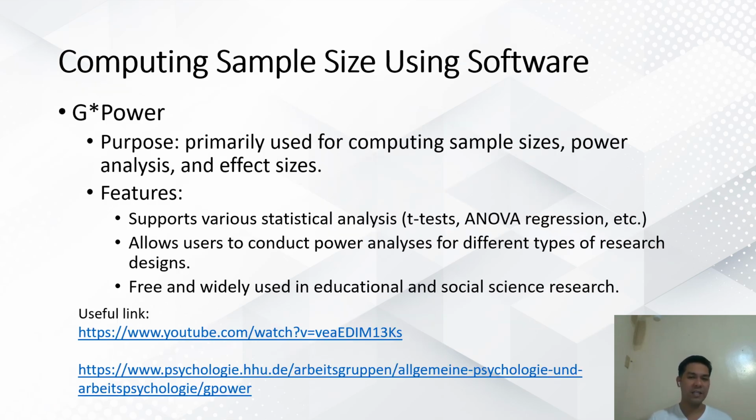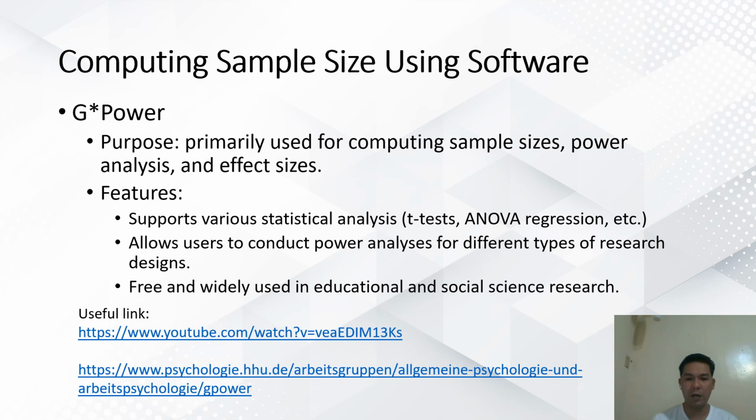So computing sample size using the software like G-Power. So G-Power is primarily used for computing sample sizes, power analysis, and effect sizes. So it supports various statistical analysis like the sample size for t-test, for ANOVA, regression, and other statistical analysis tools.